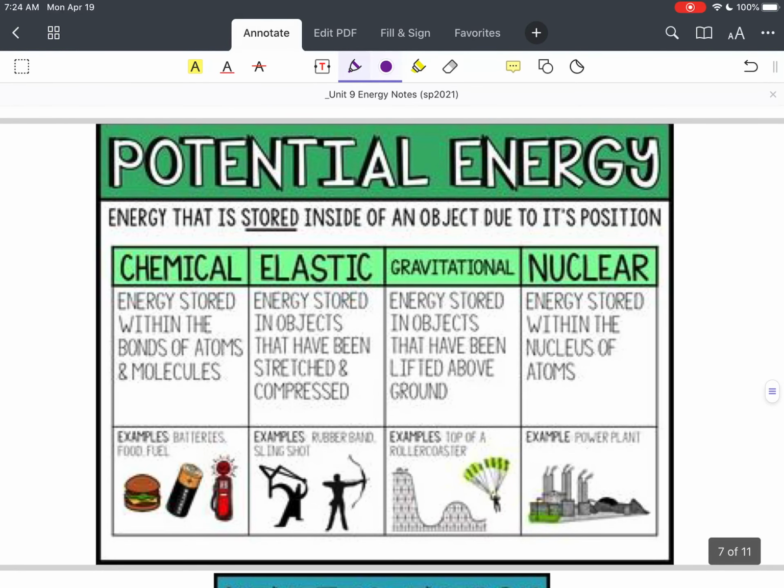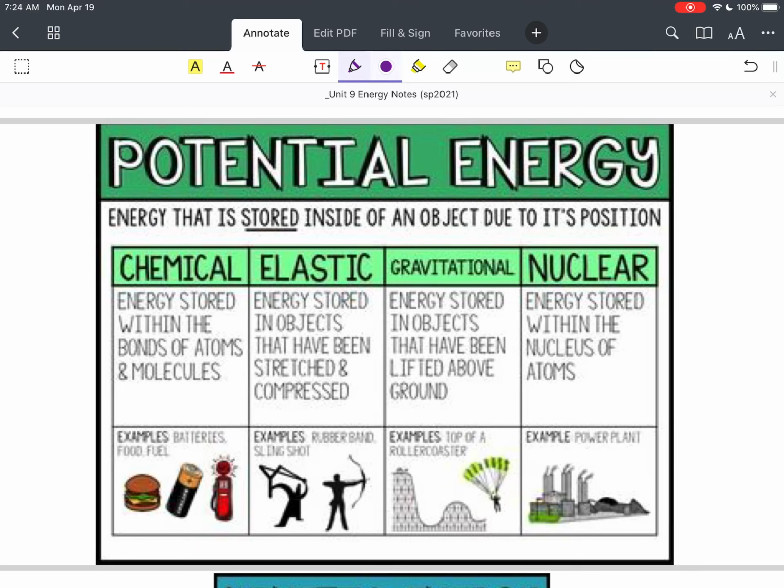So you're just going to use this chart, and we'll talk about them to fill out your types of potential energy. Okay, so we have chemical energy. Chemical energy has to do with, just like when we talked about chemical reactions, all of those bonds or compounds have energy stored inside of them.